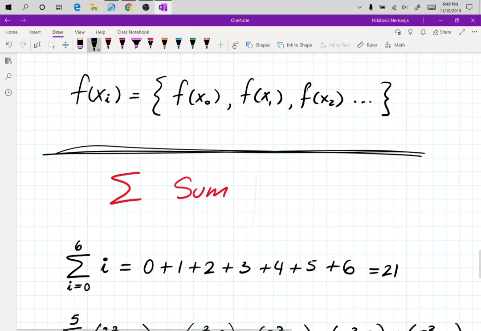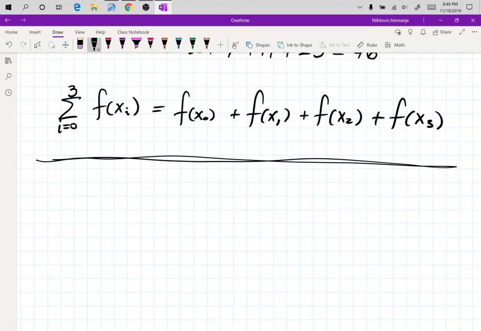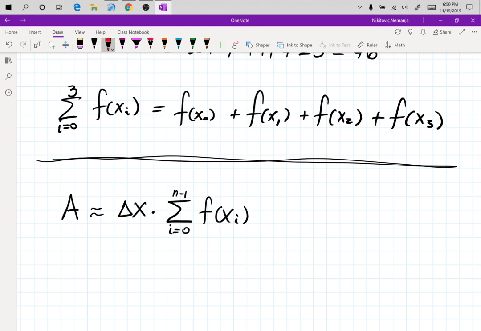So now, what is my formula for approximating area under the curve? The formula is delta x times the summation of f of x_i when i starts at 0 and goes, in this case, to n minus 1, and that is for the left-hand side.